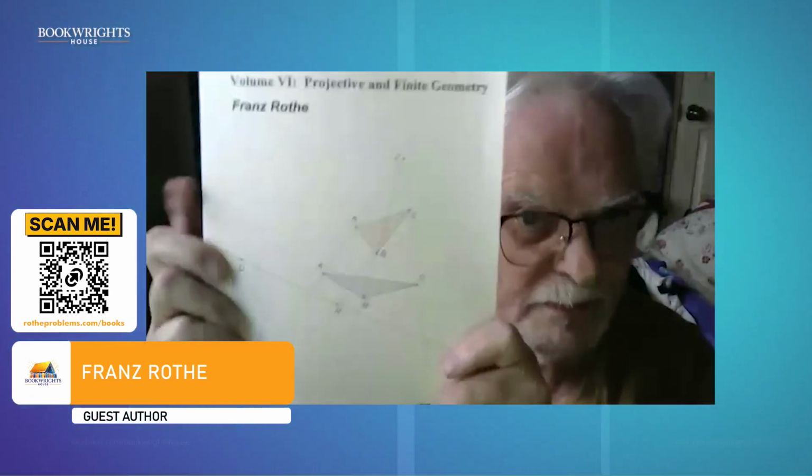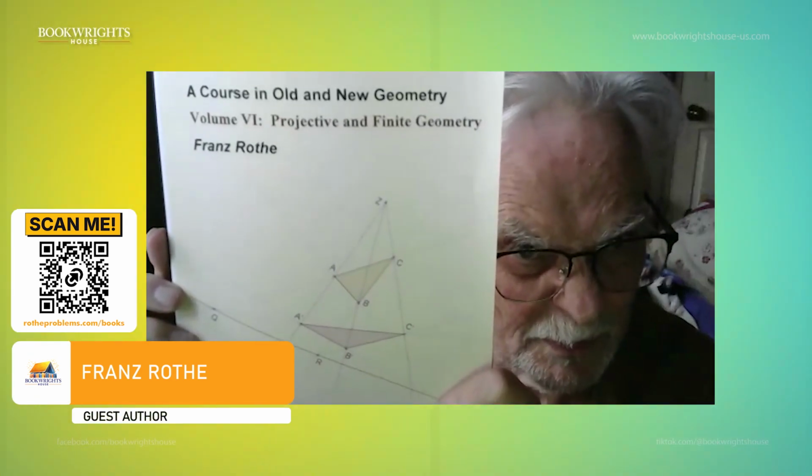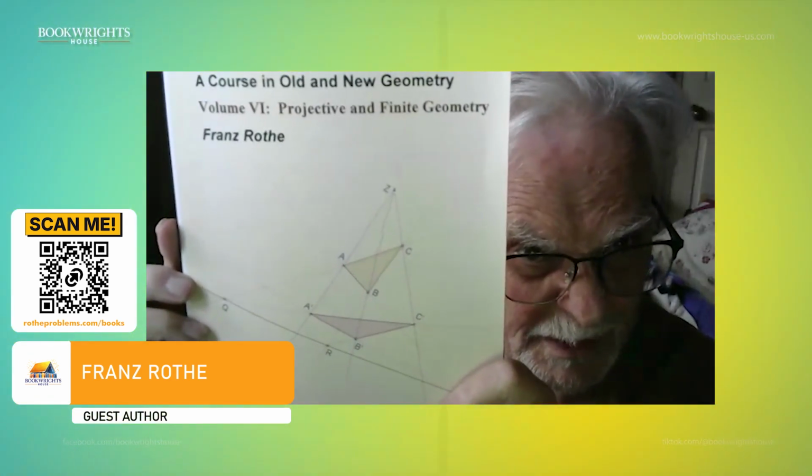You have these two triangles which have the property: if you connect the vertices pairwise, the three lines intersect in one point, the tip of this pyramid.